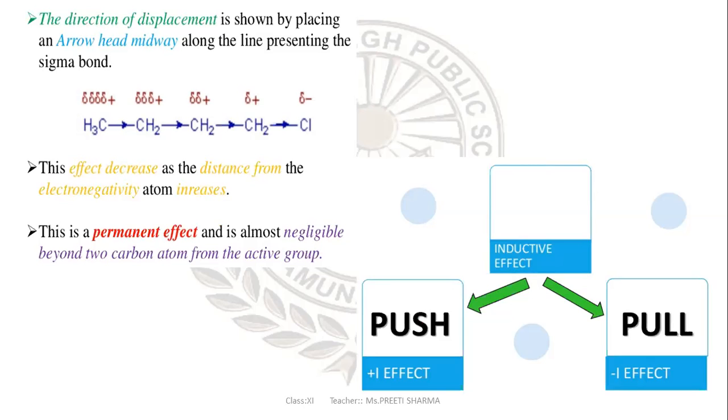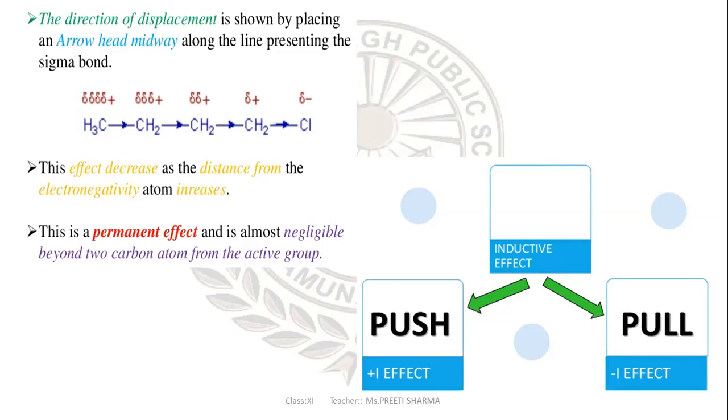The magnitude of electron displacement goes on decreasing with the increase in the distance of carbon. Mind this thing. And this effect decreases as the distance from the electronegative atom increases. This is a permanent effect and almost negligible beyond the two carbon atoms from the active group.